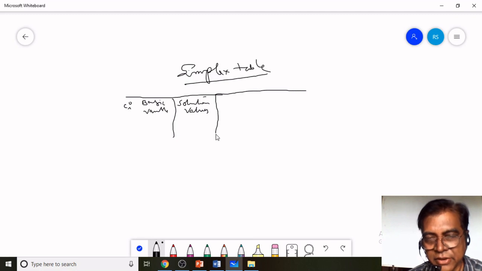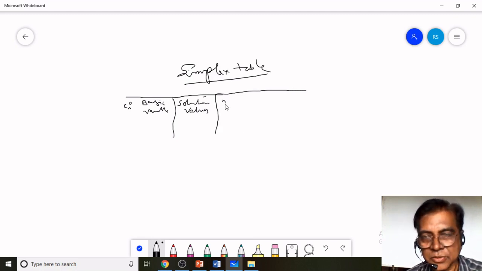If the equation contains 3 variables x1, x2, x3, there are 3 slack variables s1, s2, s3, and if any artificial variables are there, a1, a2, a3.